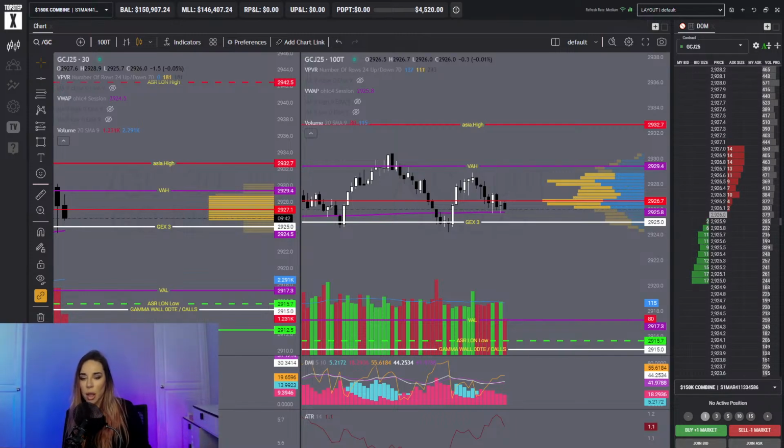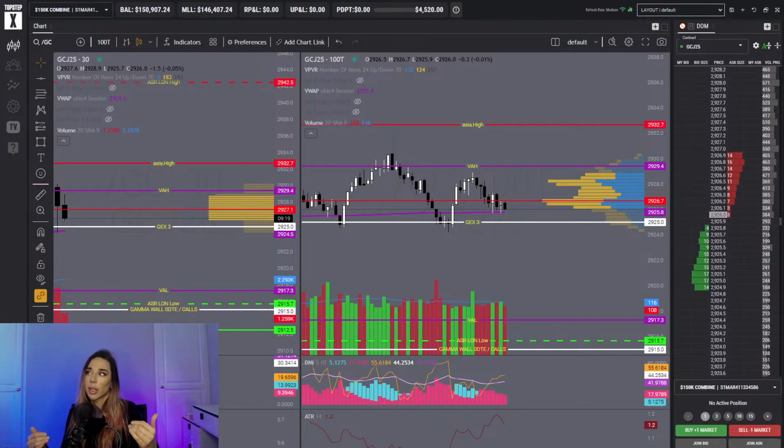60% of the time, when the market opens inside value, it remains range bound. 60% of the time. So if you're constantly looking for bigger swings from support, resistance, and using value high, value low, that is not how value is to be used. When you're outside of value, you can use the outer edge of value.